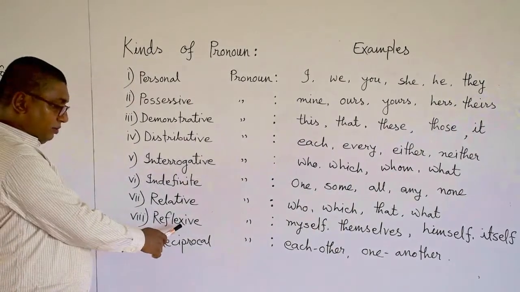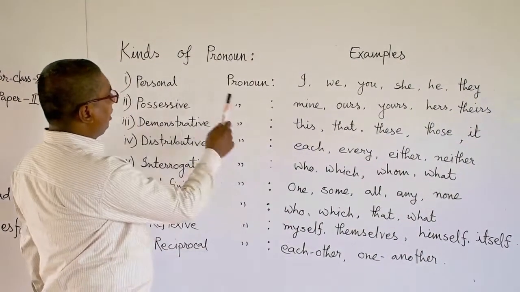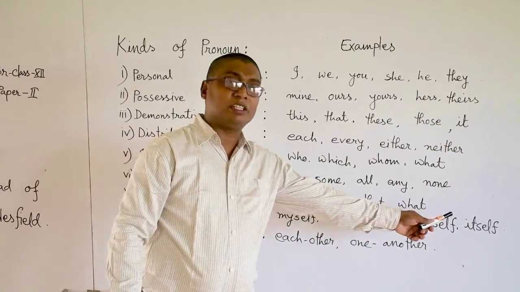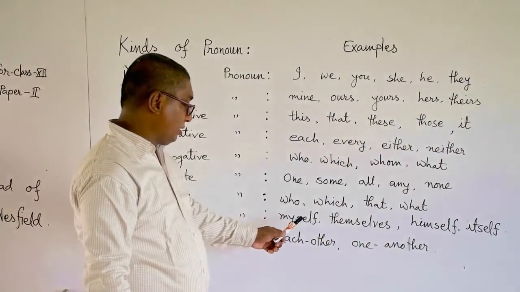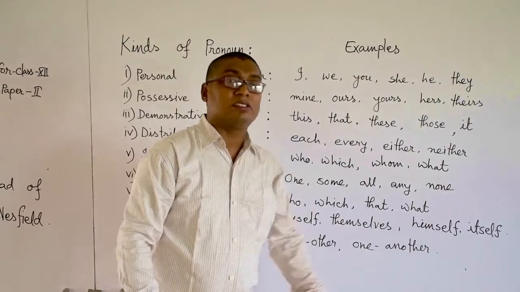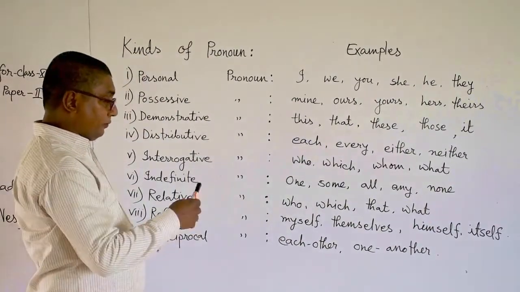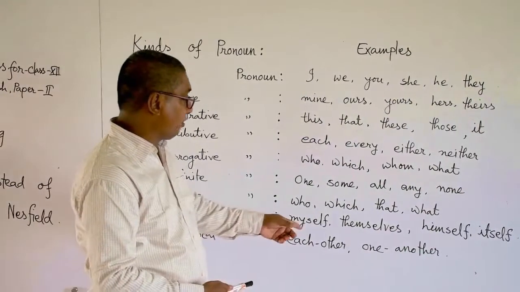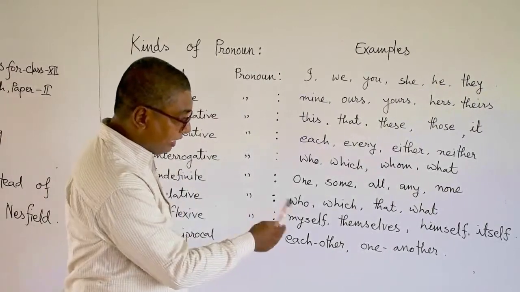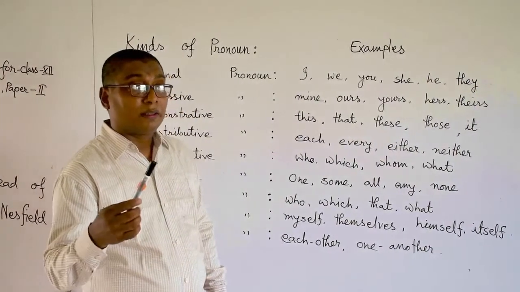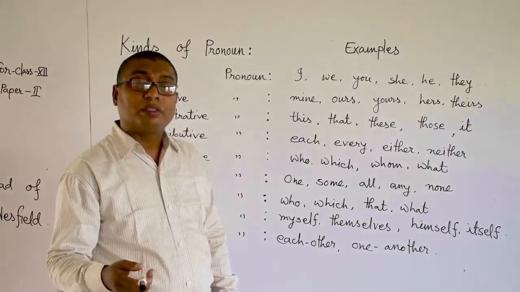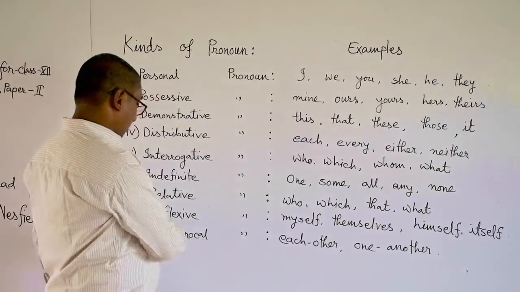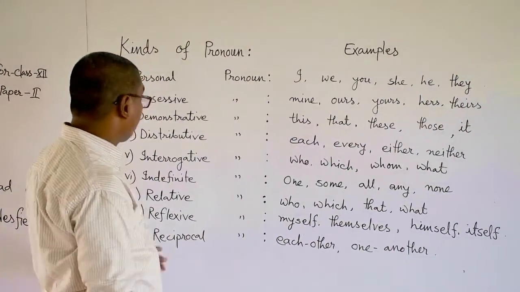Next one, reflexive pronoun, that is the production of personal pronoun: my, them, his, it, and add self or selves. When we use self or selves with personal pronouns, it indicates the person himself or herself or the thing itself, and then it is called reflexive pronoun.